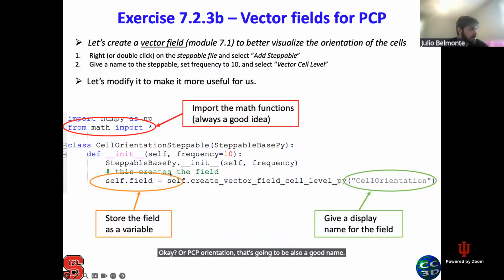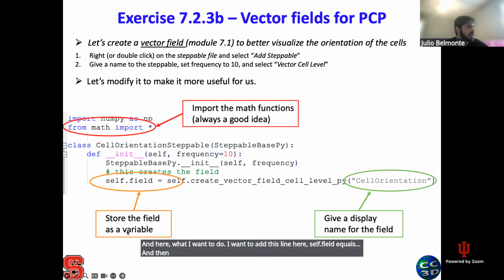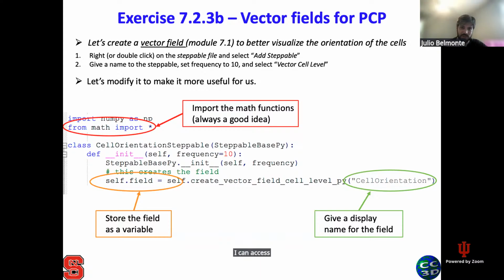And here, I want to add this line, self.field equals, and then this comment here, because then you store the field as a variable that I can access in the step function. So that's what I want to do here. Again, don't worry about coding this. I'm just showing this.